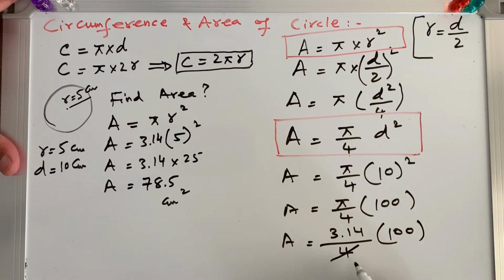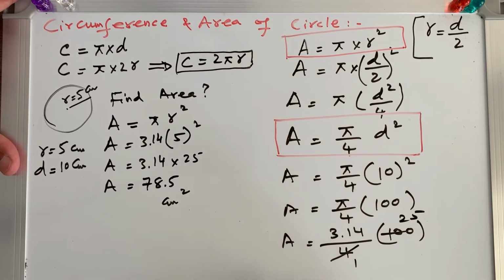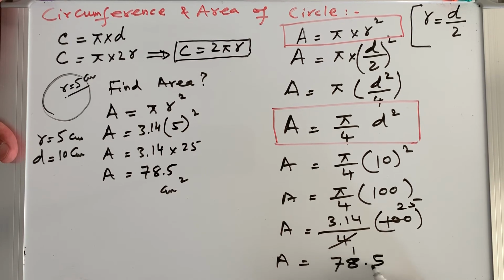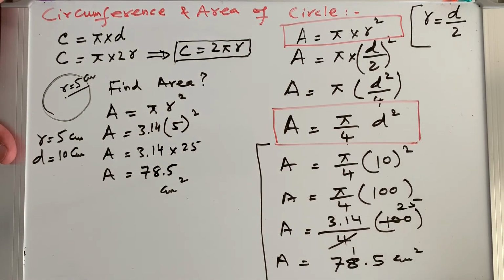I can cut this. 4 ones are 4. 25 times 4 is 100. When I multiply 3.14 with 25, I will get the same answer, 78.5 centimeter square. So if you plug in the values correctly, for D or for R, you have the same answer. So that means the two formulas are the same and they will get you the same result.